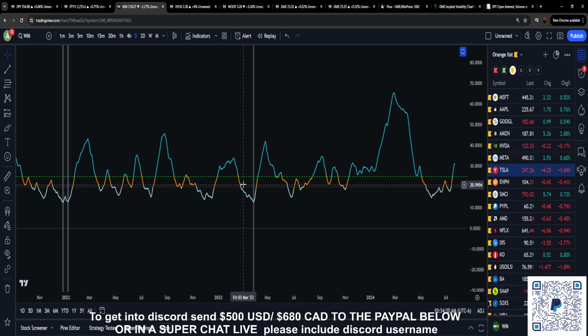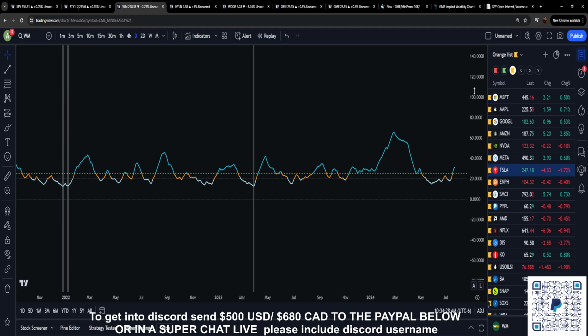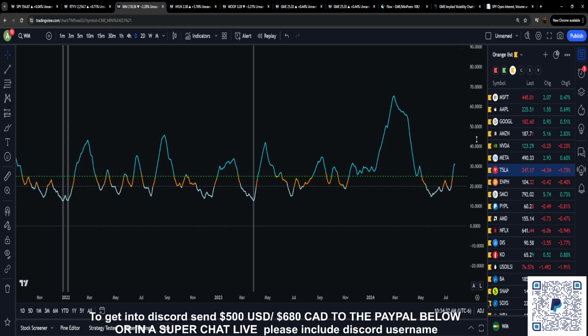Every time that the ADX goes below 20 on this particular indicator, it goes from 0 all the way to 100 and above, but it'll never go that high. This indicator basically reads 0 to 100, very similar to how the RSI is calculated.